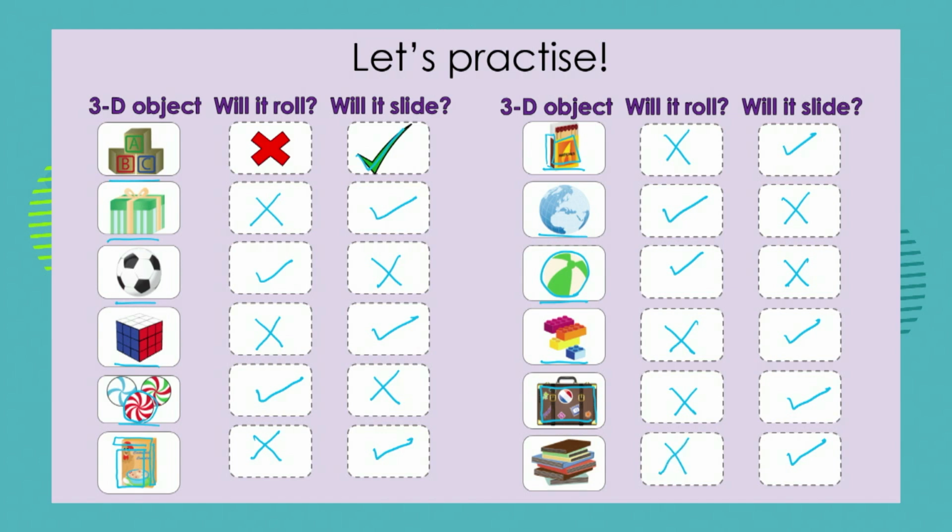So we can see from these 3D objects, grade ones, that objects that look like a circle and are round are going to roll. If an object does not have any sides, like a ball or a marble, it means it's going to roll.